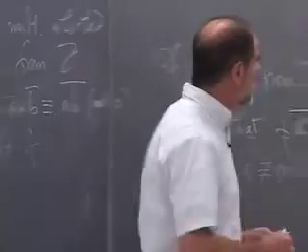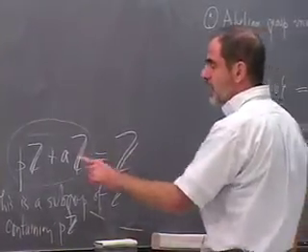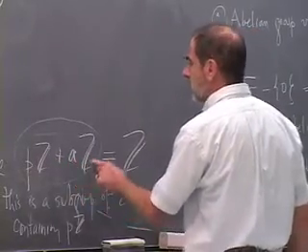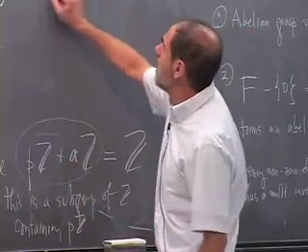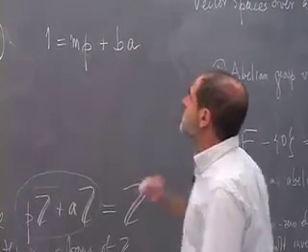Agreed? So it's Z. So if I take any element in Z, I can write it as a multiple of P plus a multiple of A. So write the element 1 as some multiple of P plus some multiple of A.